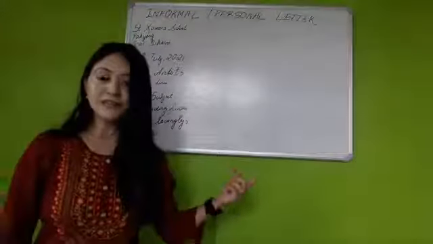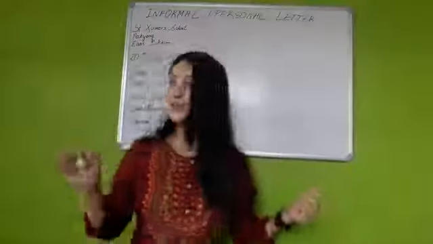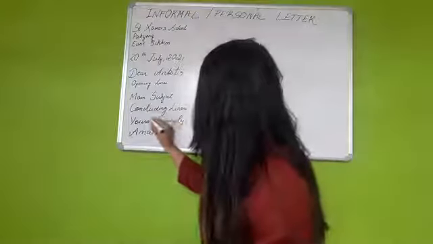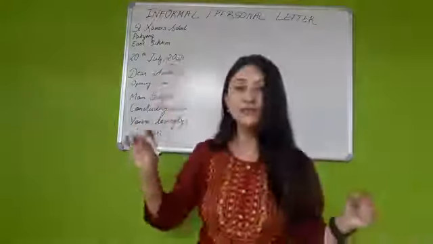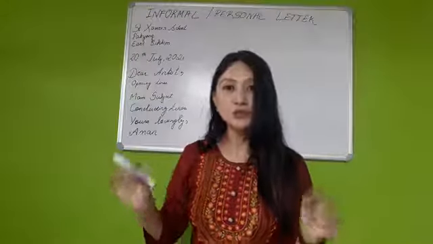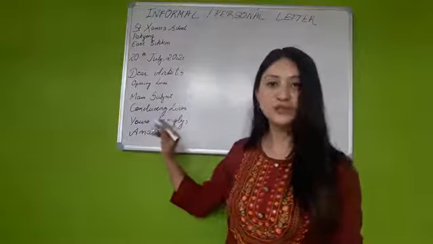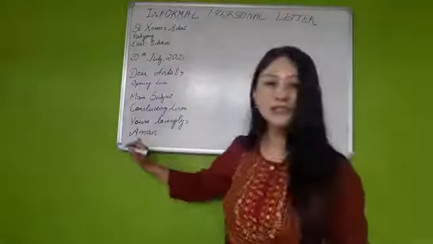Remember children, in this word yours, you will not use an apostrophe. You simply write Y-O-U-R-S without an apostrophe. And in lovingly, L should be written in small letter, followed by a comma, and here you will write your first name.